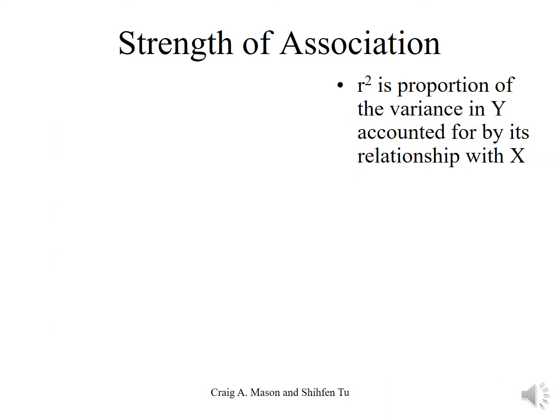Now, another way to interpret a correlation is to square the value, calculate r squared, which is sometimes referred to as the coefficient of determination, or just r squared. As you read the literature, you'll often find researchers talking about the squared correlation coefficient, or r squared.